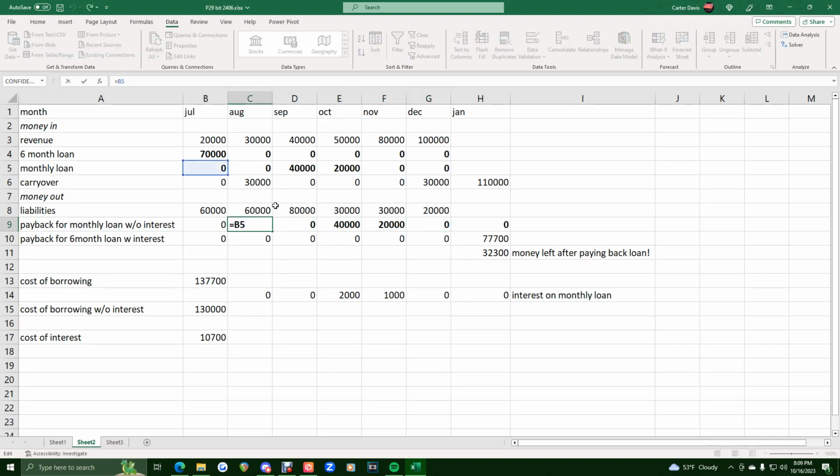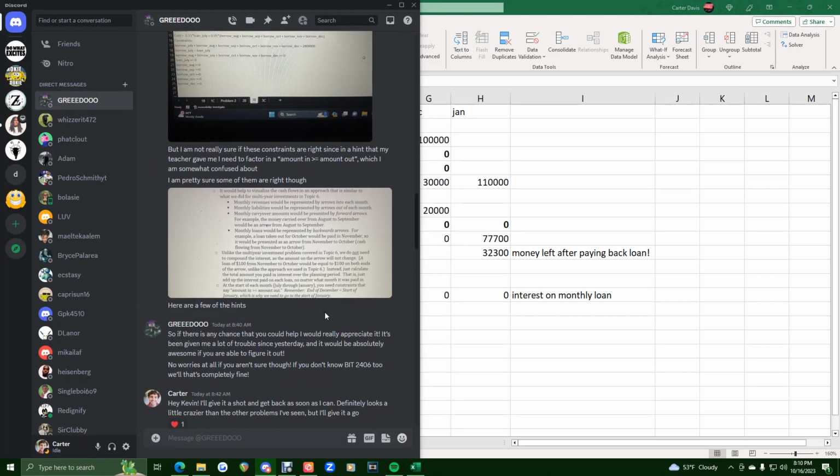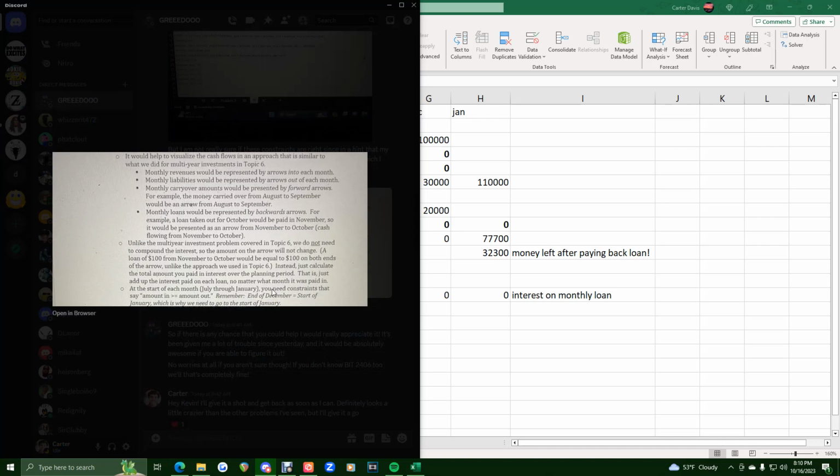But I guess you want to pay back just the regular amount for the loan with no interest, and then at the very end you figure out what all your interest would have been after the fact. I think that's what they were saying in the hints about multiplying after the fact or something. I don't even remember. Anyway.